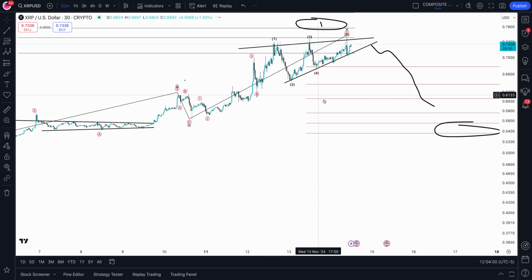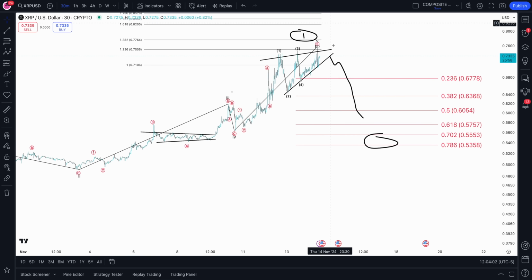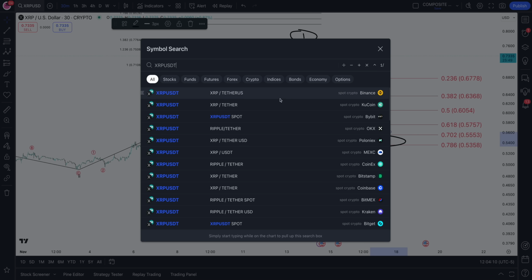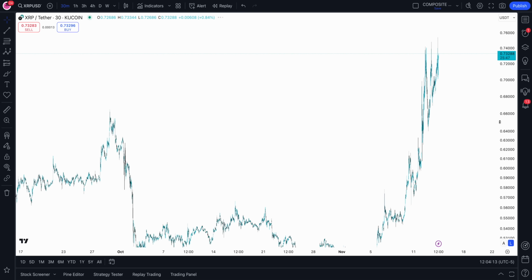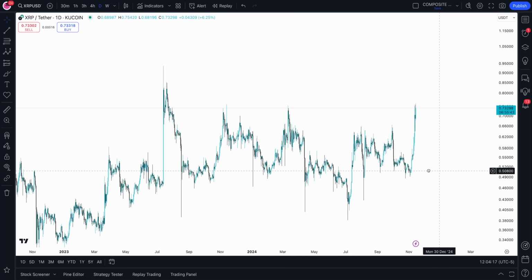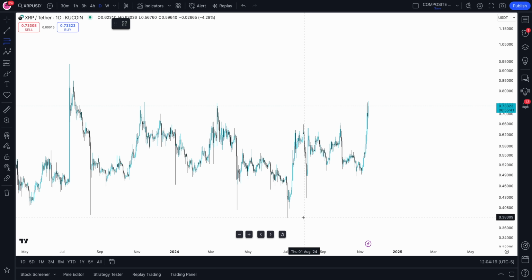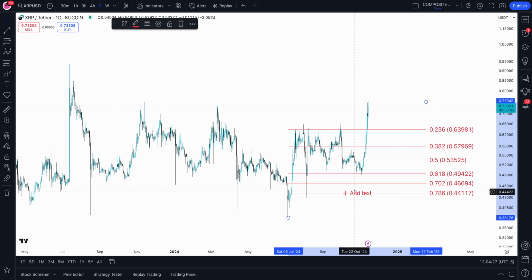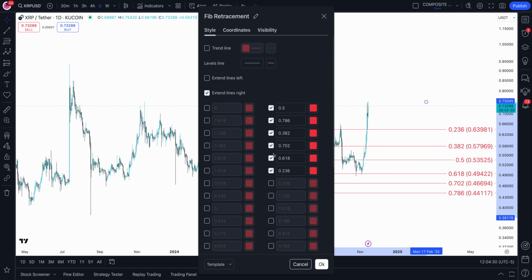Okay, so if XRP sees the breakdown and then goes below this 786, 702, and then has a daily close below it, then it's likely that we'll come down to this level right here, and we'll have a massive flush in the market. We'll come down right to this level. So if we take a fib from our July 6 low up to the current high, it would come down to this level right here.